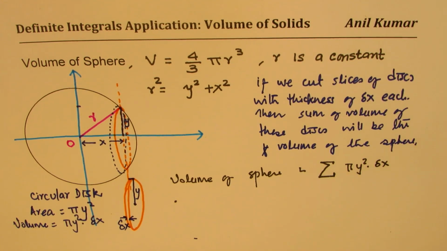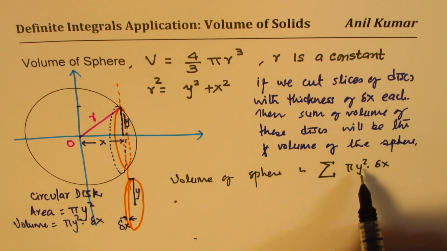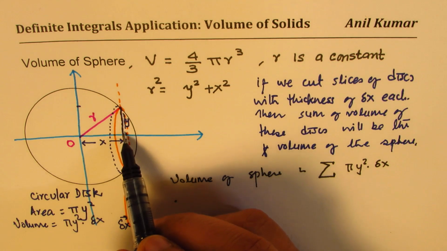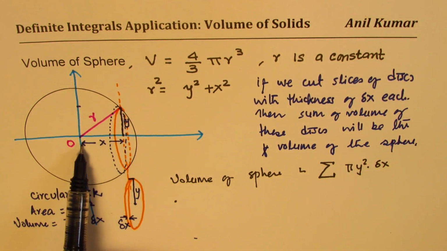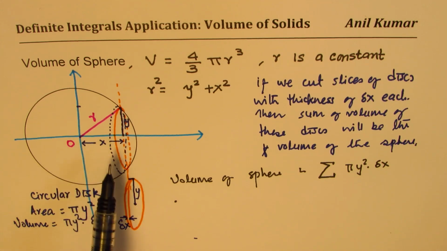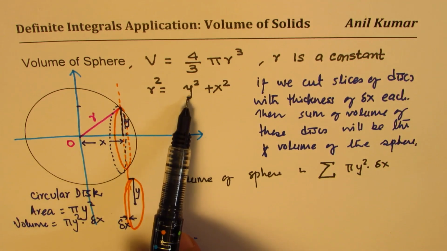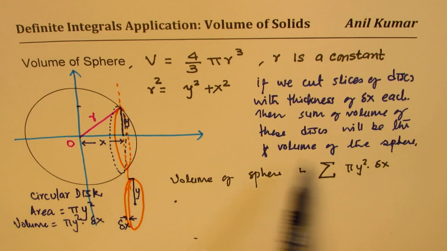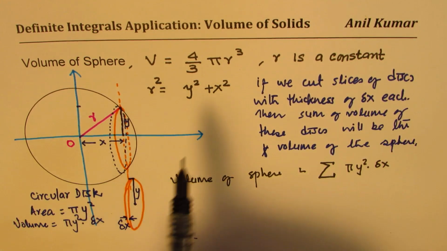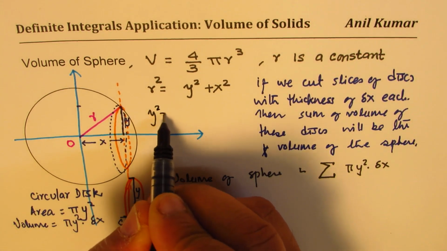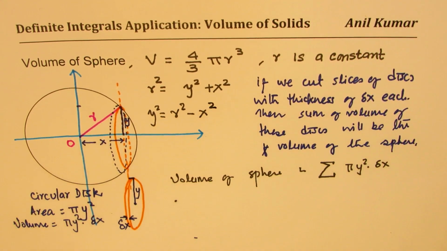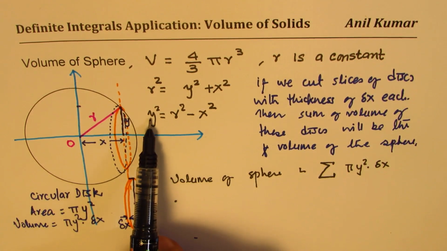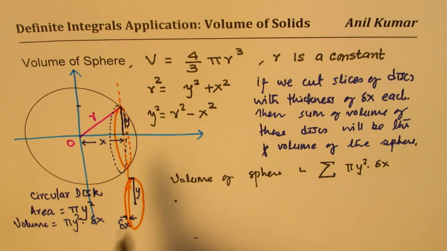Pi y square delta x, where the value of y actually changes with the value of x as we move along it, right? So we can find what this y is. So from this relation, we can say that y square is basically equal to r square minus x square, correct? So y becomes a function of x, r is constant, right?